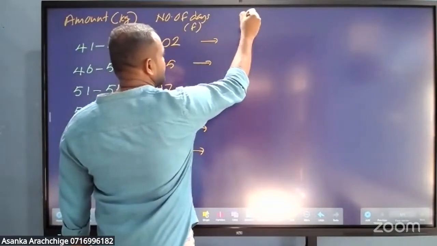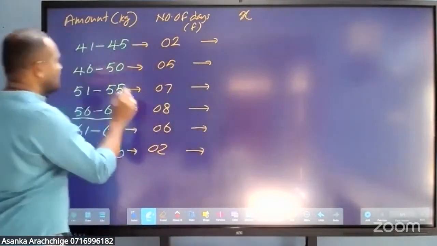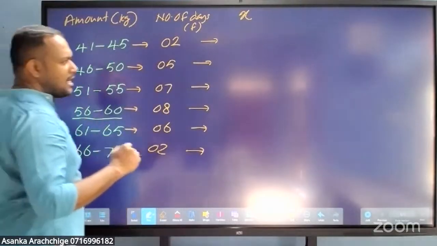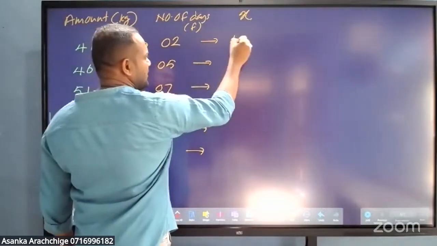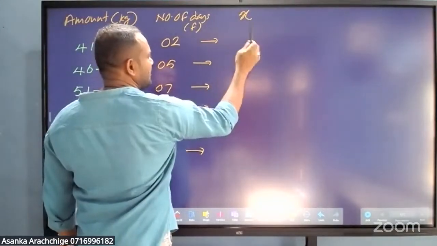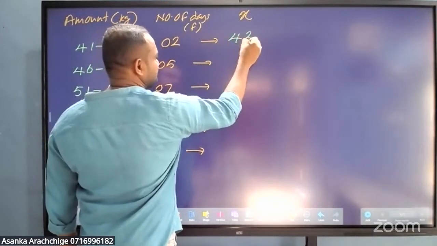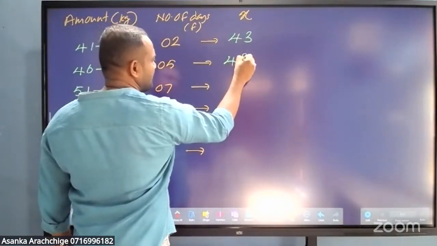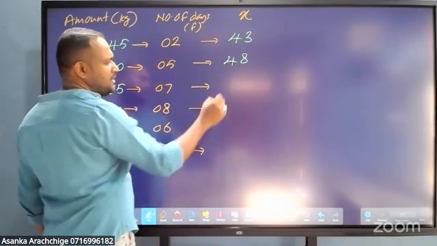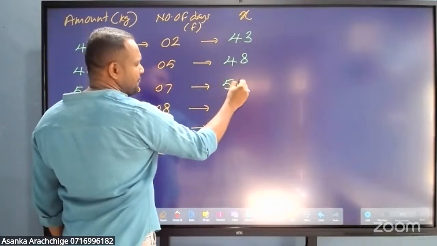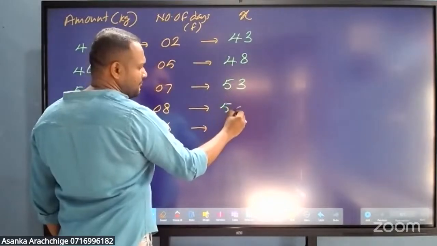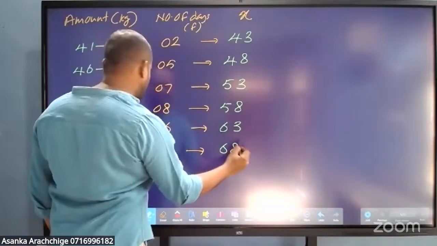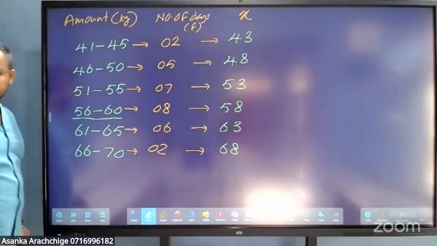Mid value means x. 41 plus 45 is 86, half of 86 is 43. Then 43 plus 5 is 48, 53, 58, 63, 68. Am I correct?